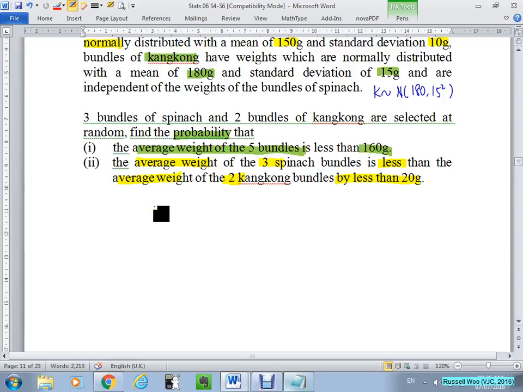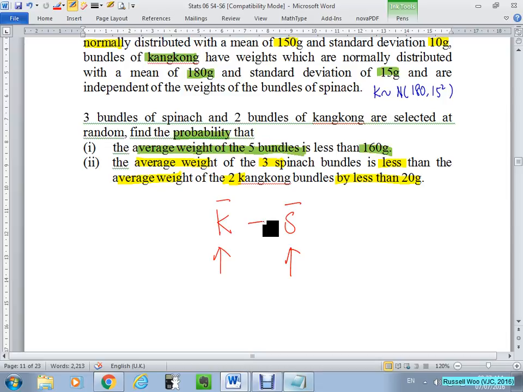Of course, later we must define properly, but suppose the average weight of 3 is S bar. Suppose the average weight of 2 kangkong is K bar. And you want this to be less than this. Correct? So actually you want K bar minus S bar to be a positive number.